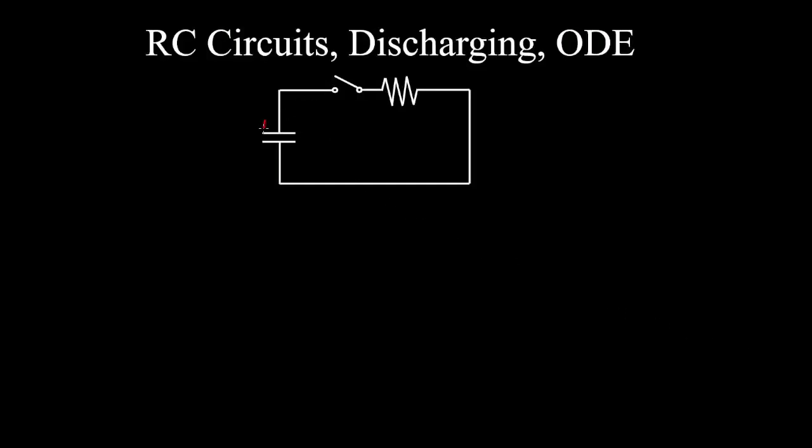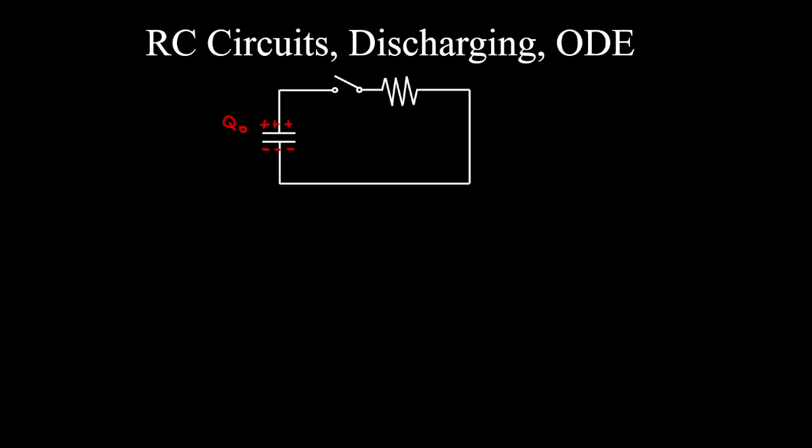Now that we've charged the capacitor, we had positive charge on the top plate and negative charge stored on the bottom plate. So we'll call this the initial charge Q0. And then we opened the switch and took out the battery.